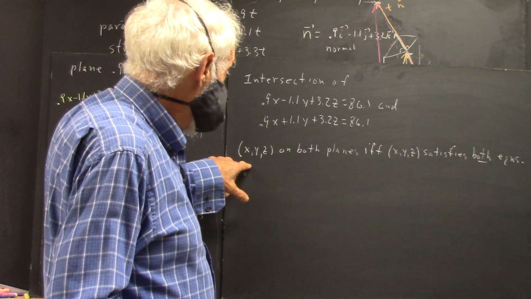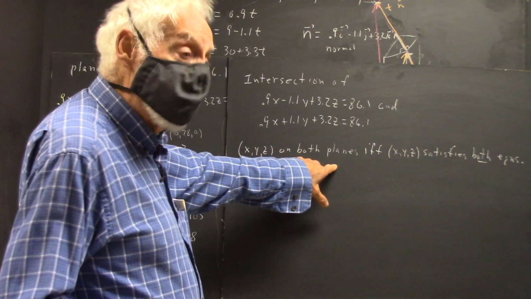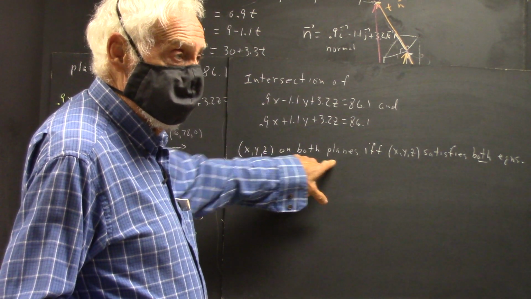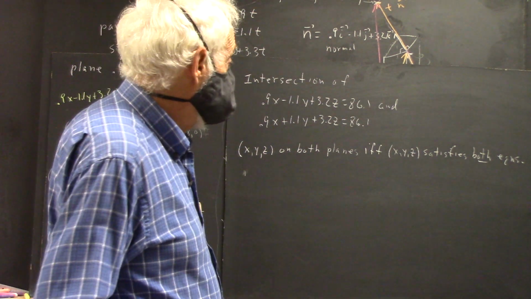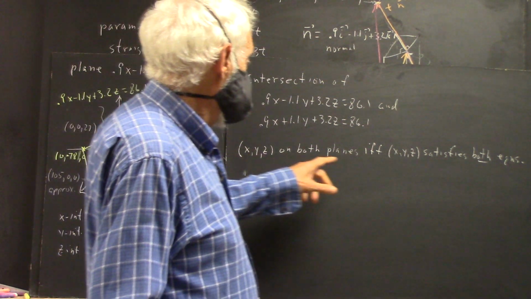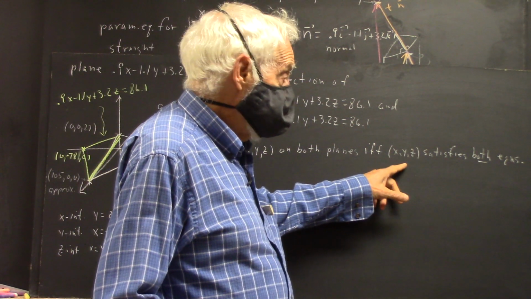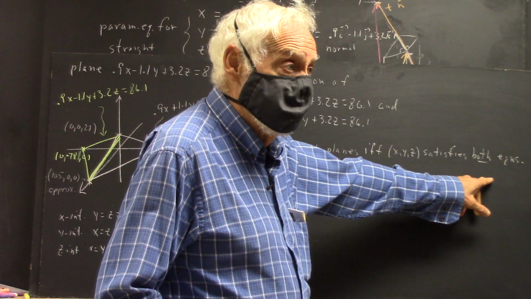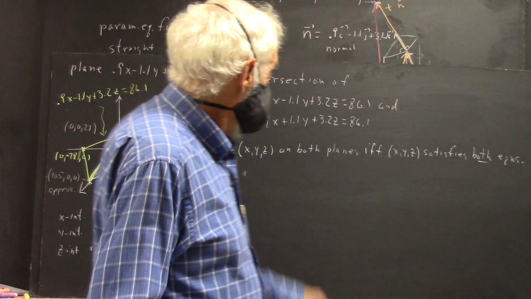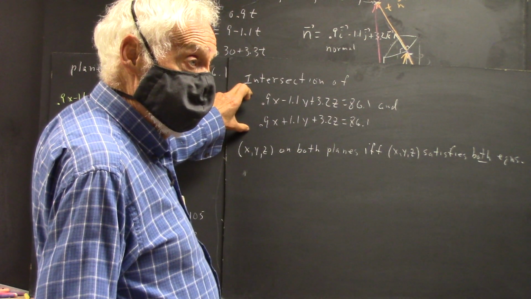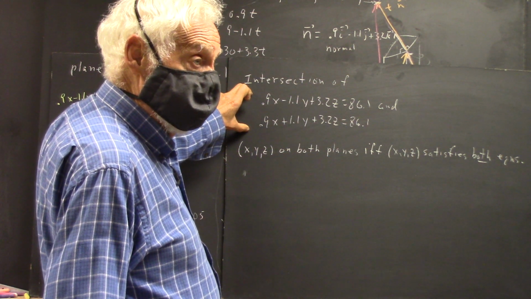Well, where x, y, z is on both planes. The values of x, y, z are on both planes. And x, y, z is on both planes if and only if x, y, z satisfies both of these equations. So now we have a system of two simultaneous equations. Okay?